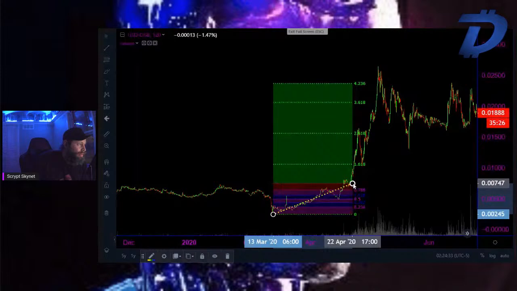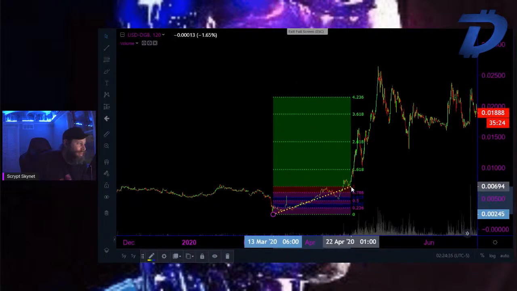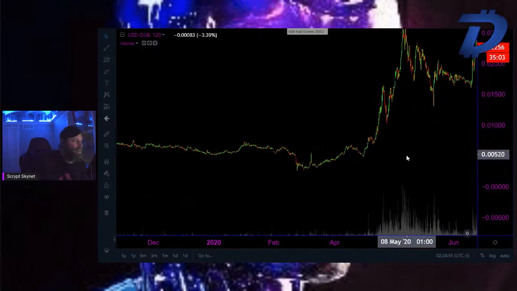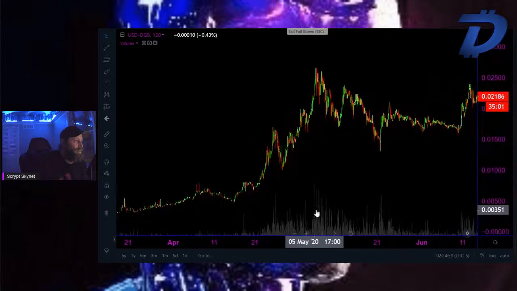I mean, the scam wicks. Why not the first shot? And it literally blew past it, and we saw this trend just rise up in what, a month's time. And it was all respected from the first fib. That's pretty nice. All right, I just thought that was kind of funny, guys. Kind of cool to look at.